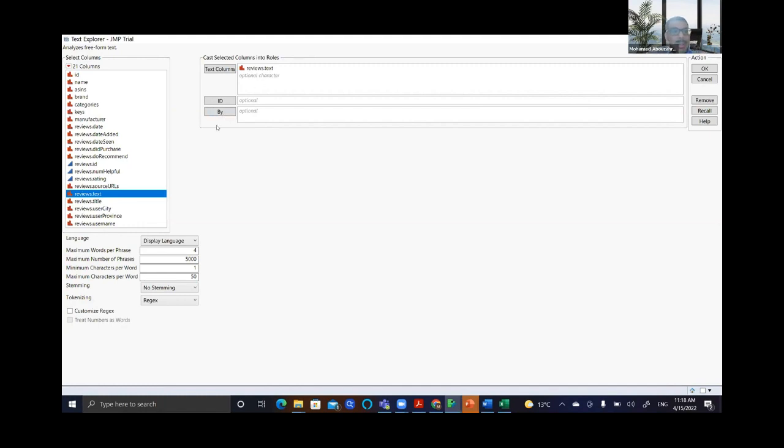Now we want to look at these properties because this is important, and they may answer a question for Michael. The first option is the language. If you click language, you will see that JMP currently supports 8 languages. All the languages share some properties: they all have separators, delimiters, and so on.